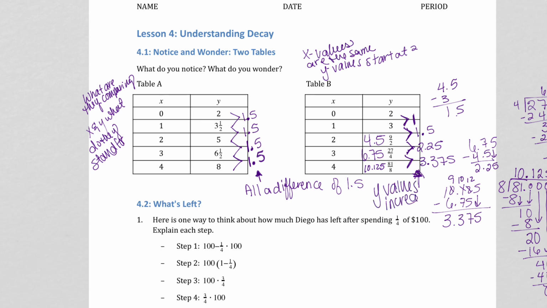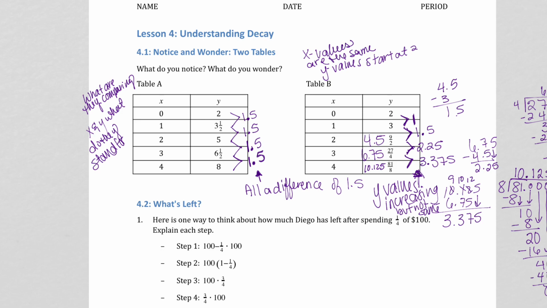Increasing, but not the same. What else do you notice here? They all start with 1, 2, 3. Actually, no, that's wrong. That's okay. We ready to go to the next part?